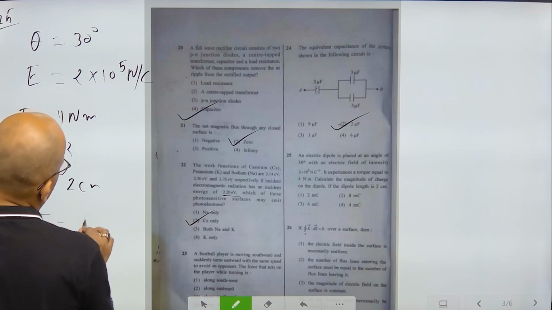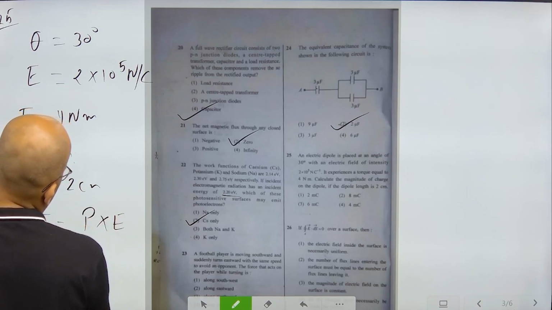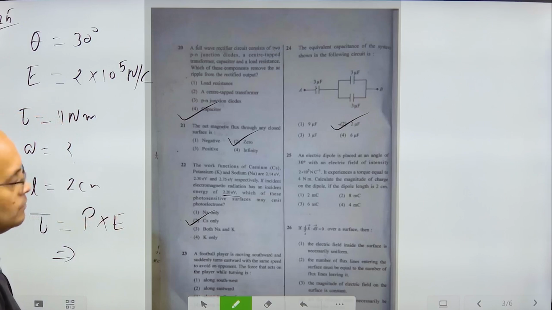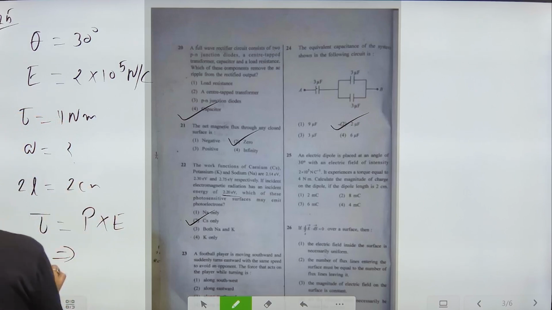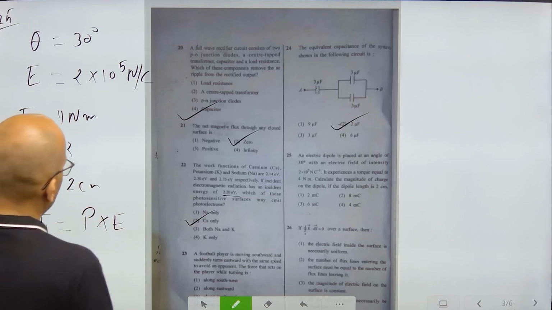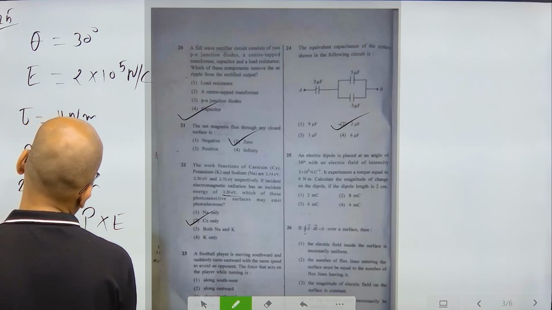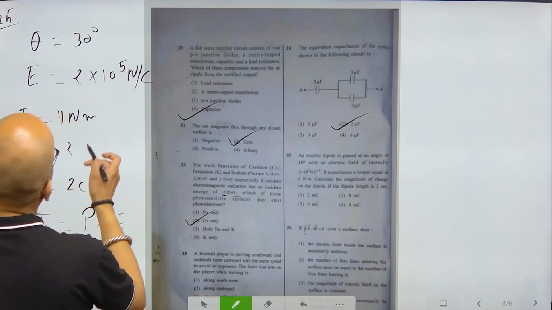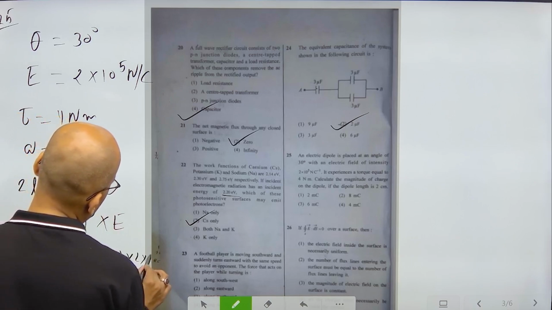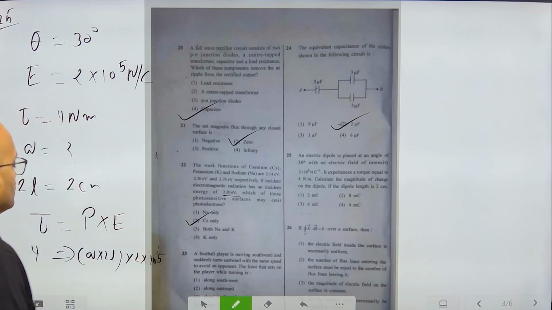Torque is equal to P cross E. Yes or no? Torque is 4. In place of P, I can write Q into 2L. E is 2 into 10 to the power 5. Right?